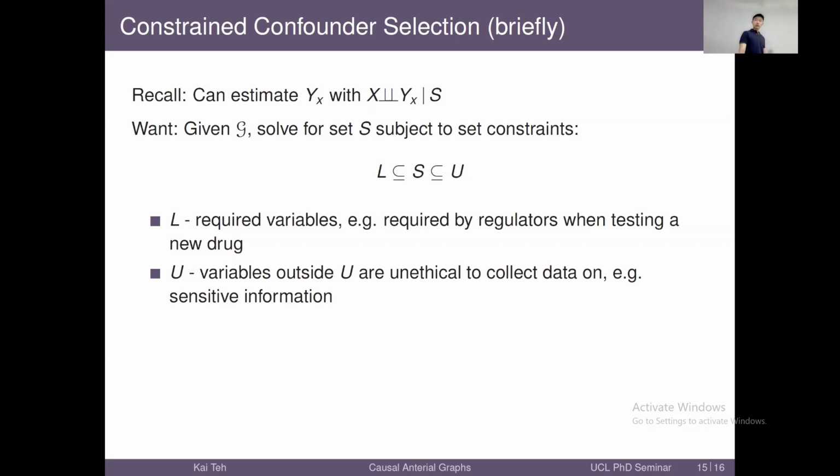What do I mean by that? It means that the set S has to be lower bounded by a set L and upper bounded by a set U. What's the practical motivation of this set constraint?